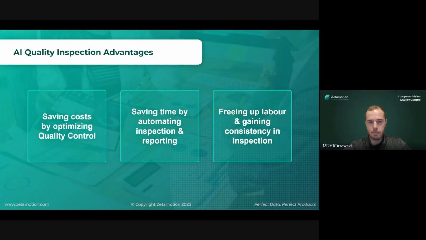Then obviously you're saving time by reducing the many different steps that you might be doing manually in your inspection process. Because when you're doing manual inspection, it's not just about spotting a defect or just about looking at the product, but obviously you have to report what you're seeing. You have to take note of what you're looking at on the products.